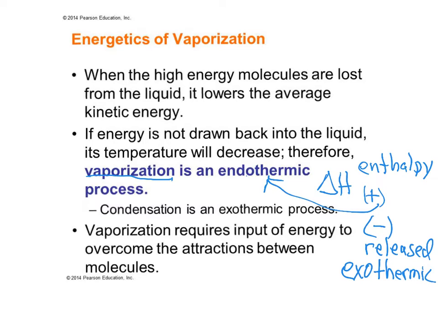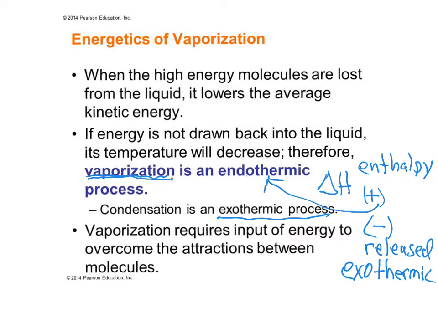So it actually takes heat, which makes sense because if you want to boil something, you want to turn it into a gas, you've got to put heat to it. So vaporization requires heat. Condensation releases heat. So vaporization has a positive delta H, whereas condensation has a negative delta H.